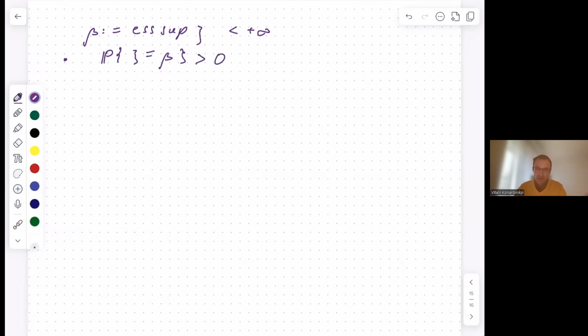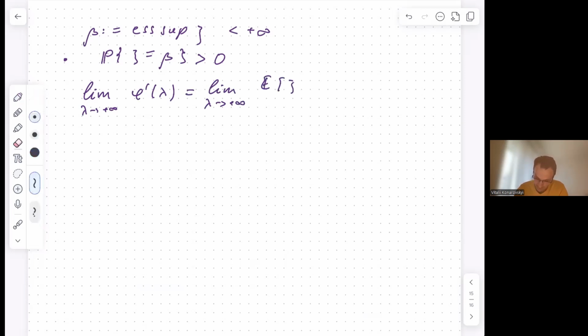We assume that the probability is positive. Then the limit as lambda goes to plus infinity of p prime of lambda is equal to the limit as lambda goes to plus infinity of the expectation of Xi e to the power lambda Xi, where we just take that formula from the computations before.